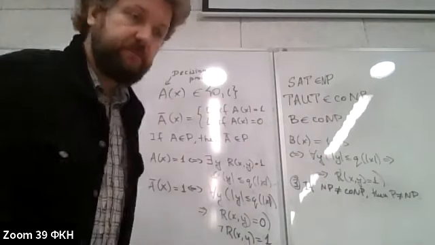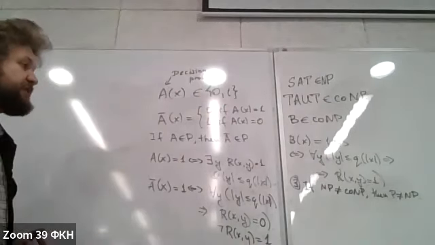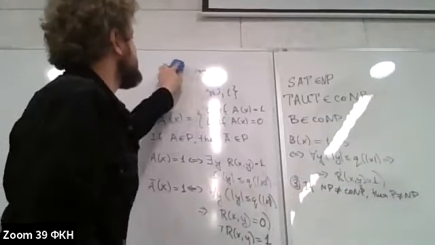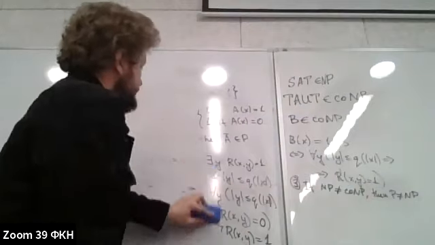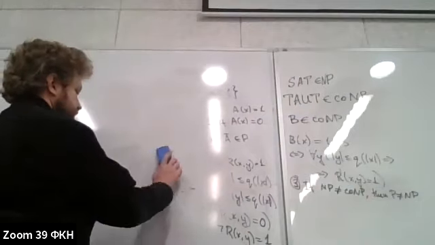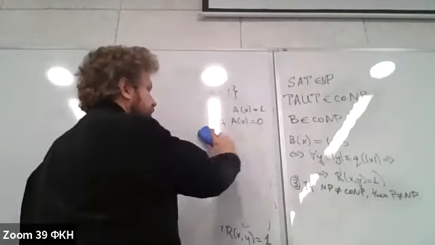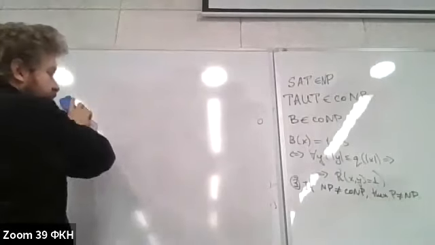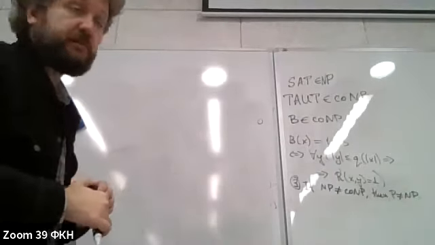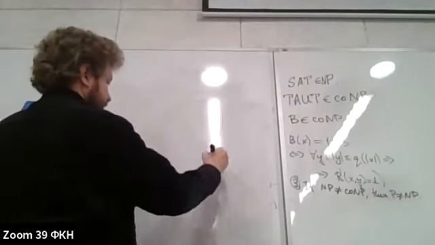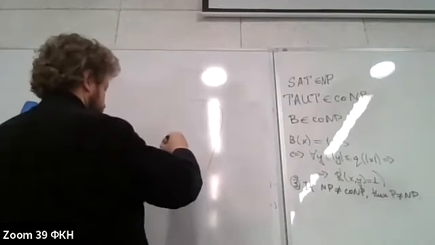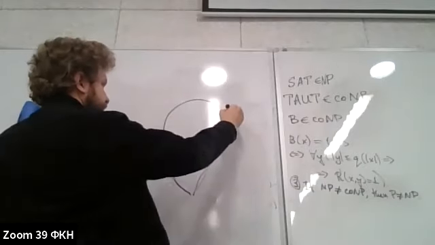This means that the presumable picture, if all these complexity conjectures are true, is like this. You will have this big class which is called NP.